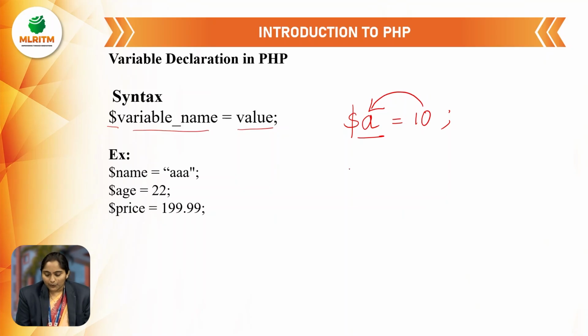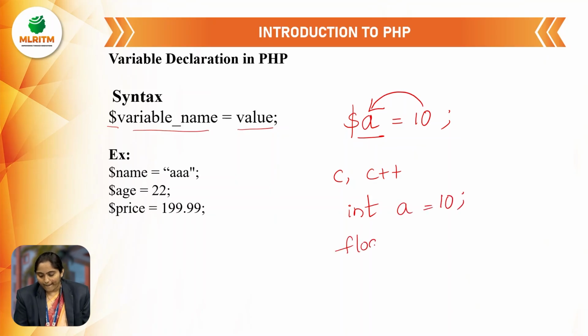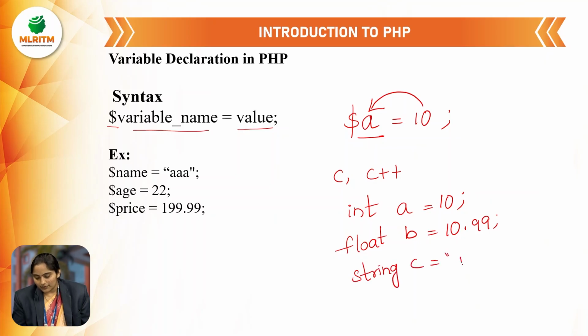Like in other programming languages like C or C++, we have to specify the data type names like int a is equal to 10, float b is equal to 10.99, string c is equal to welcome.